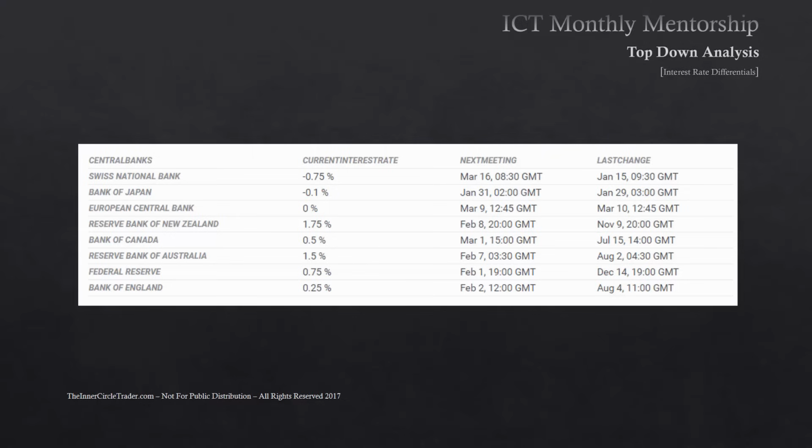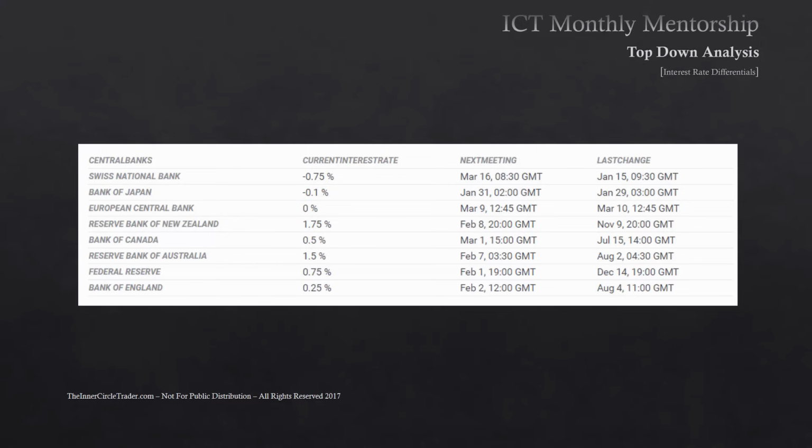Swiss National Bank, Bank of Japan, European Central Bank, Bank of Canada, Bank of England, even the Federal Reserve, really. They're at the very low end of the interest rate curve based on this list.